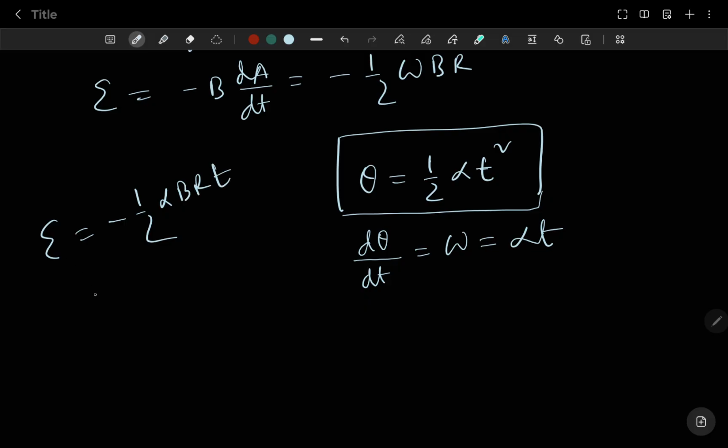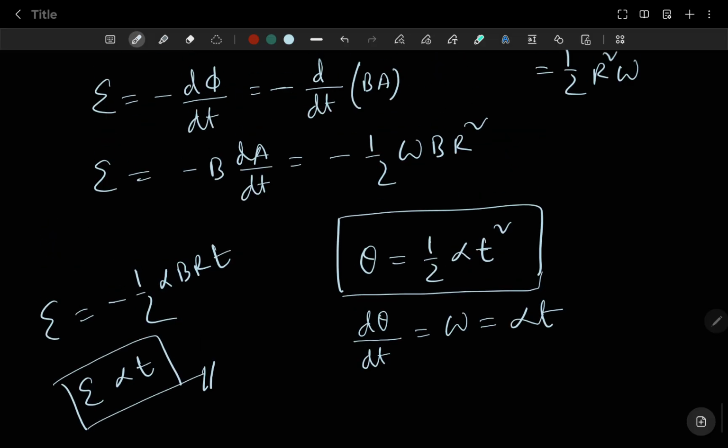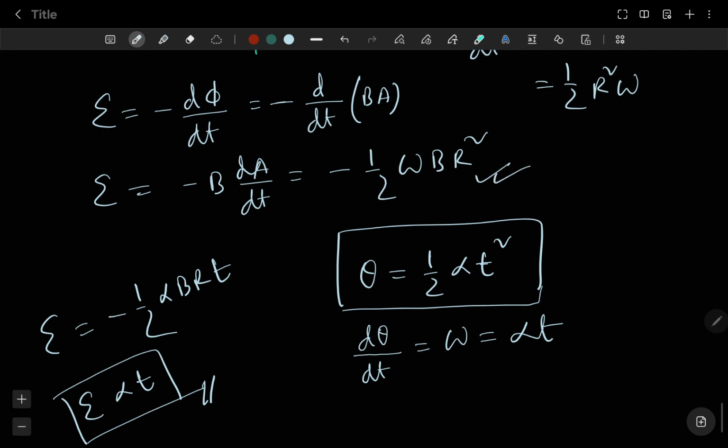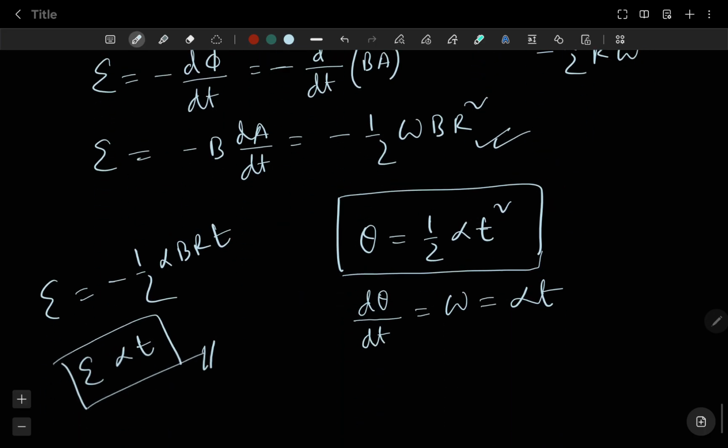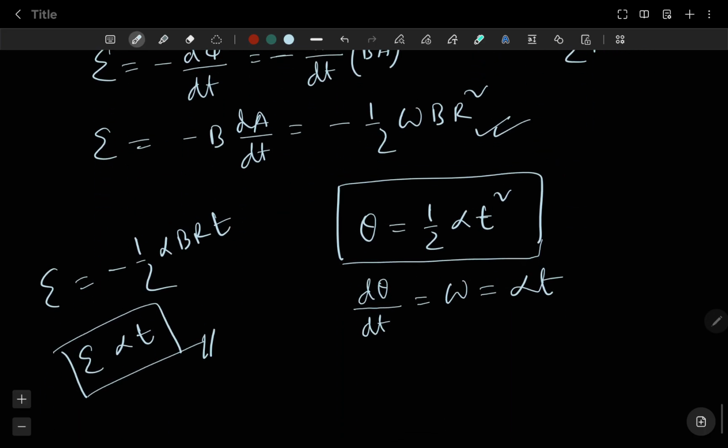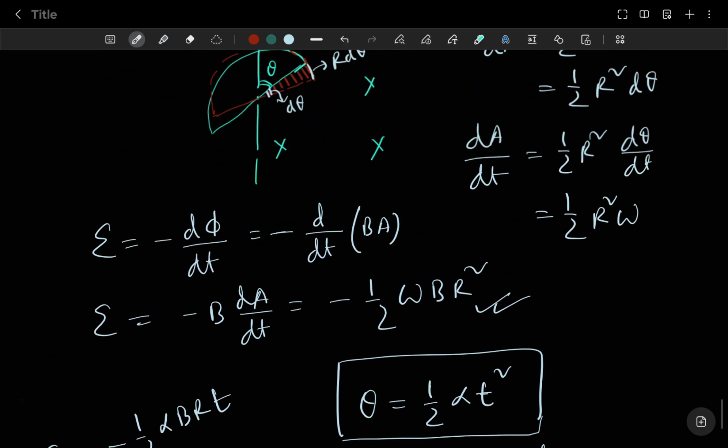Fine. So here EMF is directly proportional to t. EMF is independent of time if it is moving with uniform angular velocity. If it is moving with uniform angular acceleration, then the EMF will be proportional to time.